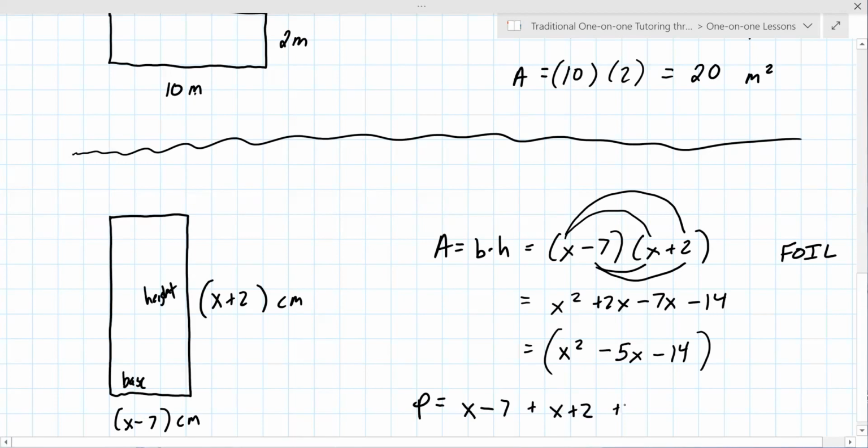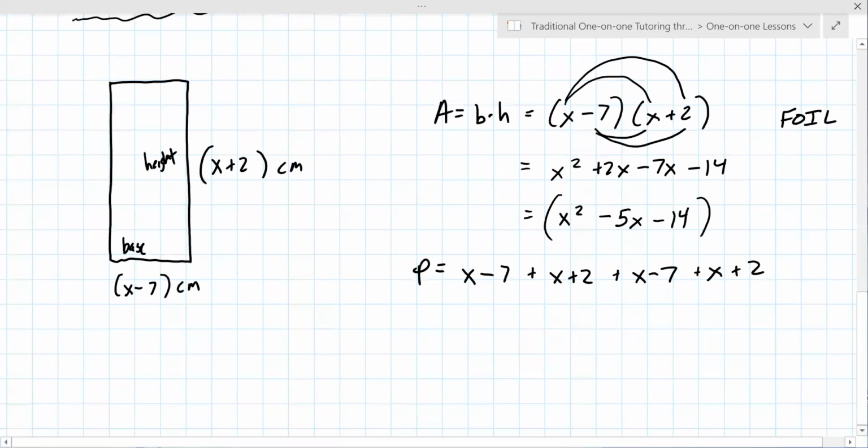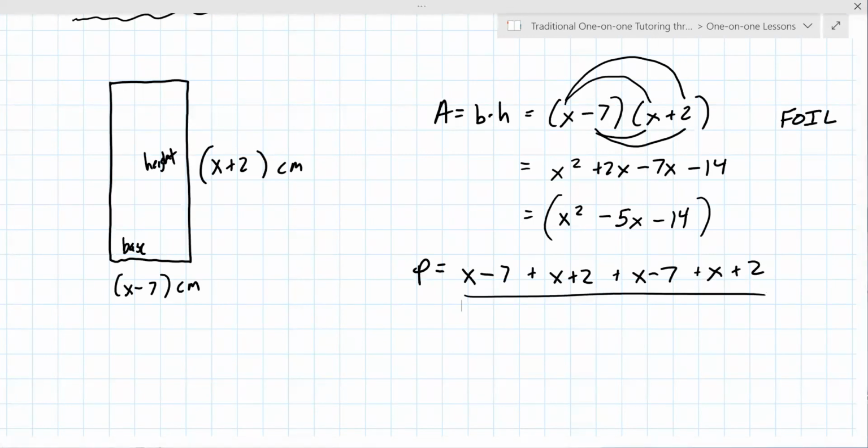Then we add another x minus 7 plus x plus 2. So I want you to try simplifying that for me, please. This right here that I'm underlining.